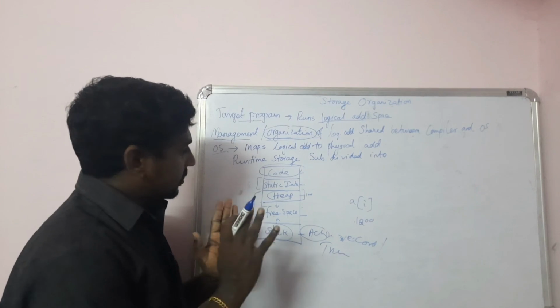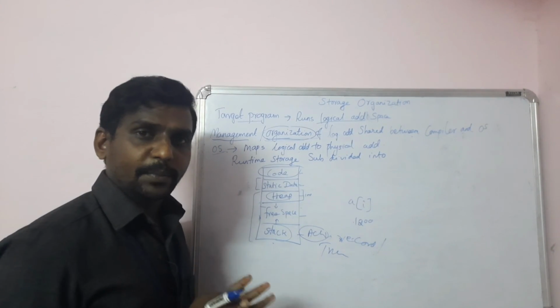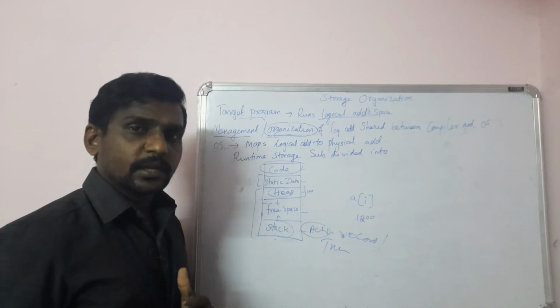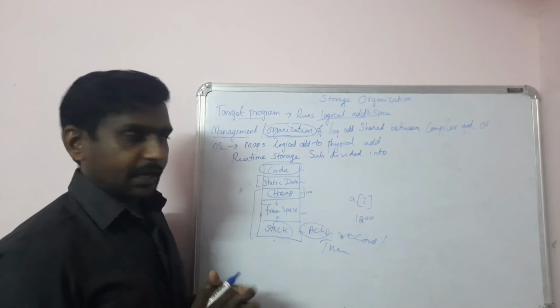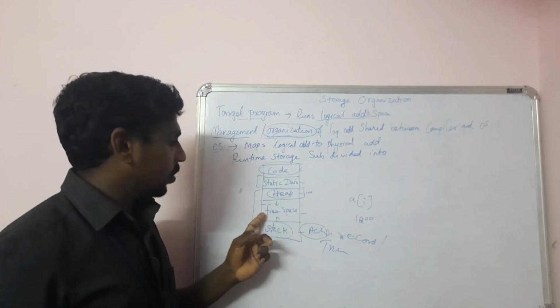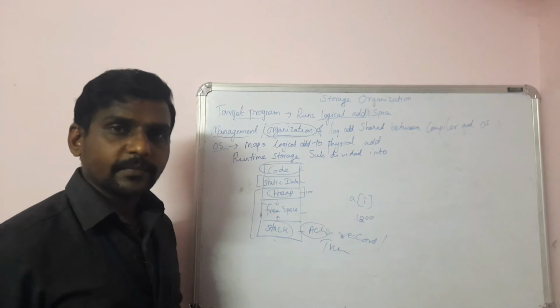Clear? So this way the storage is allocated in a memory. They will ask what is storage organization. You should know this diagram, and you should explain what is code space, what is static data, what is heap data, what is free space, and what is the use of the stack. Okay, thank you.